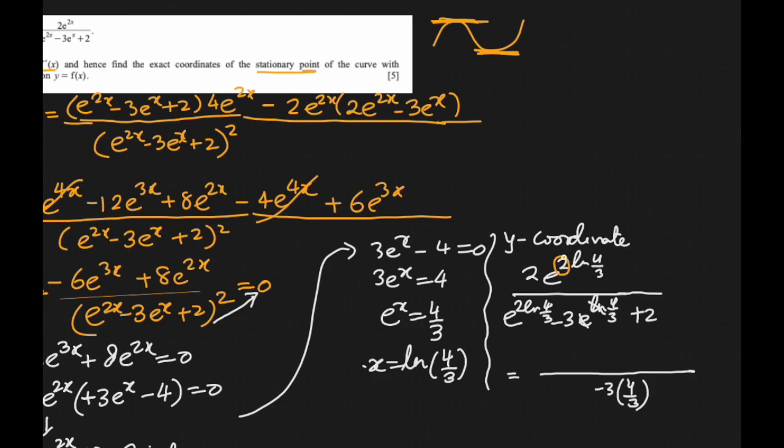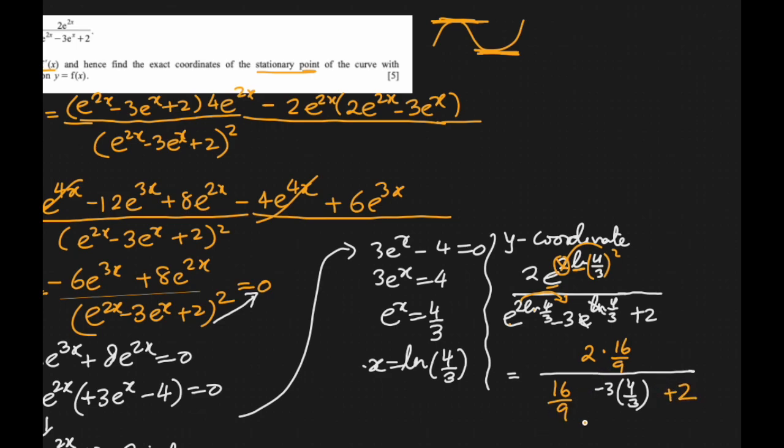This 2, I can make a square of this. So this 2 is gone. And once it has gone there, then now e and natural log will also neutralize. So it will become 2 times 4 equals 16 over 9. Similarly here, this 2 goes to this side and natural log and e neutralize. So it becomes just 16 over 9 plus 2.